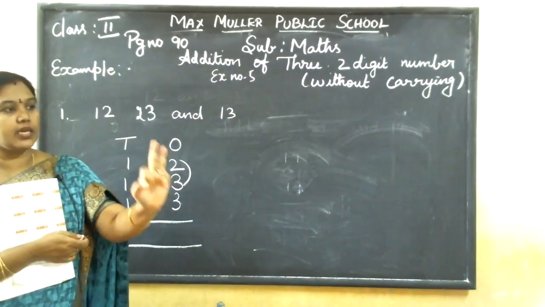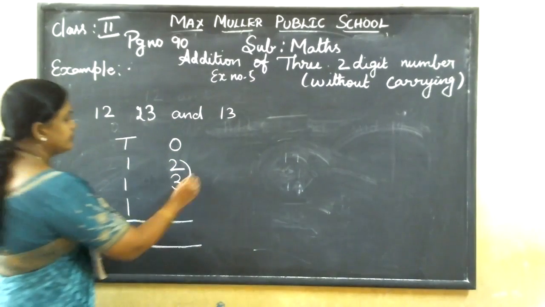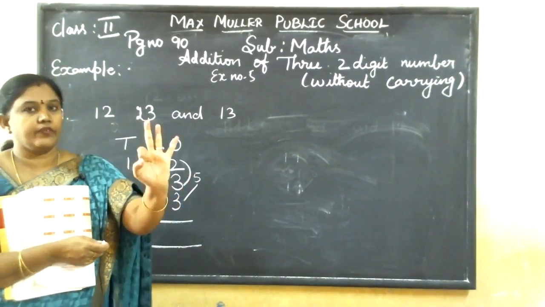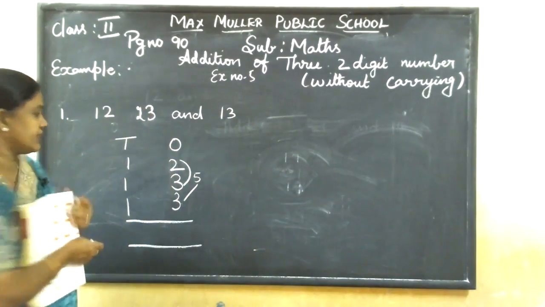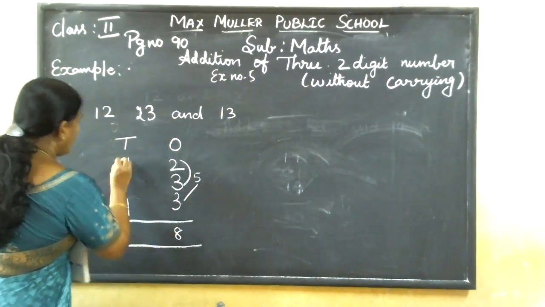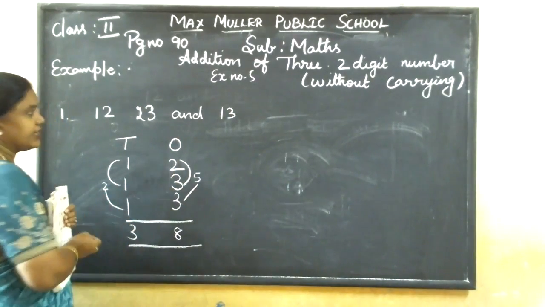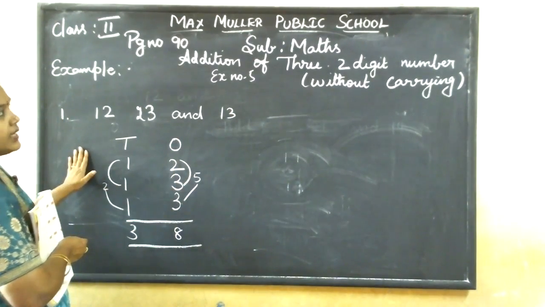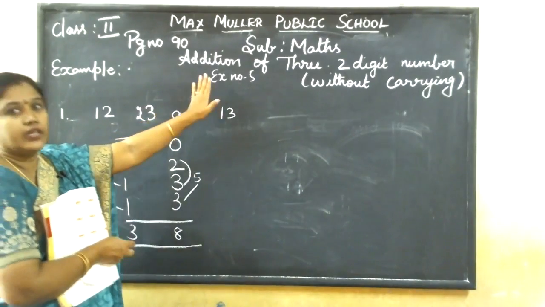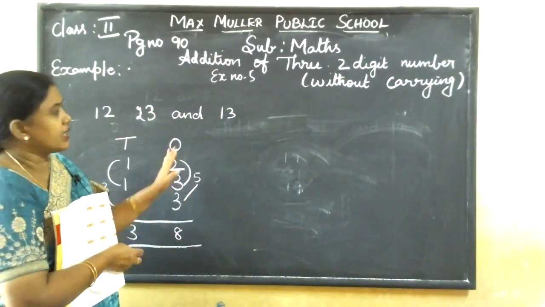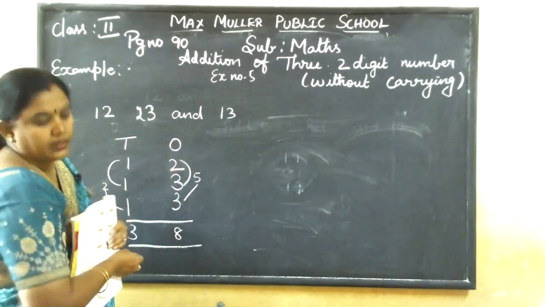After 2, 3, 4, 5. 5 in the mind, 3 on the finger. After 5, 6, 7, 8. 1 plus 1, 2. 2 plus 1, 3. 38. Understood, children? In exercise number 5, there is no place in the textbook to write this and all. Understood? You write in the rough note.